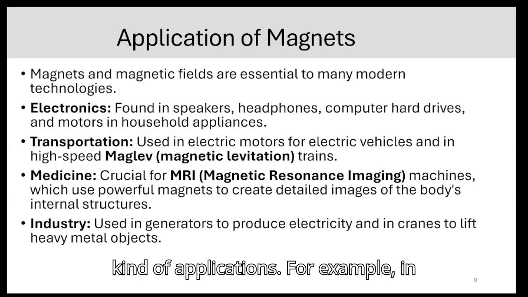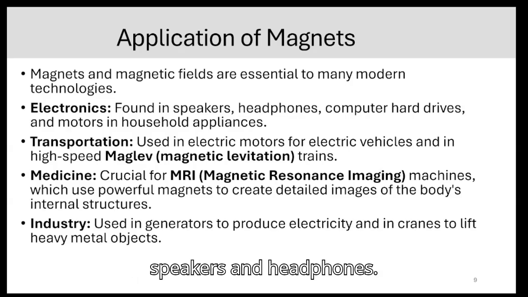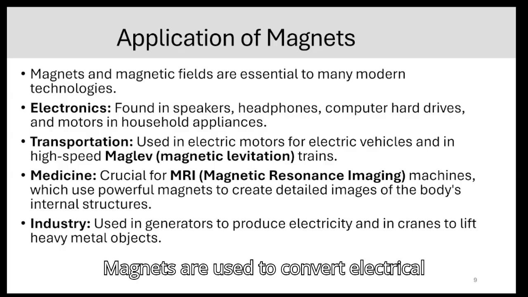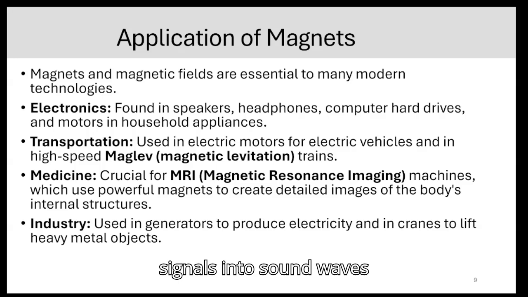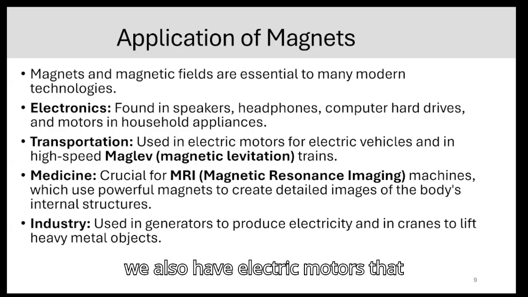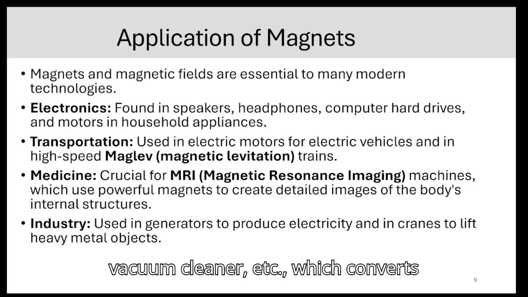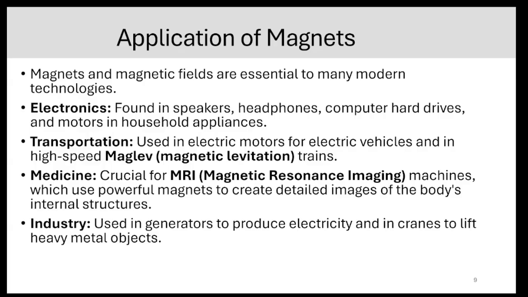In speakers and headphones, magnets are used to convert electrical signals into sound waves, and we also have electric motors that power everything, for example blenders, vacuum cleaners, etc., which convert electric power into mechanical motion.